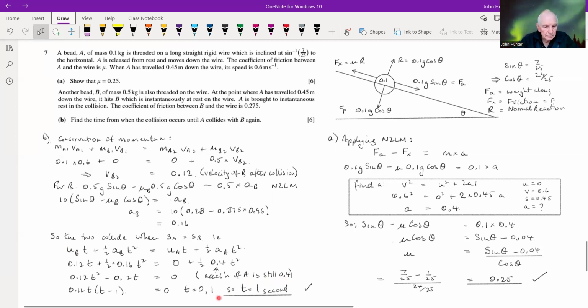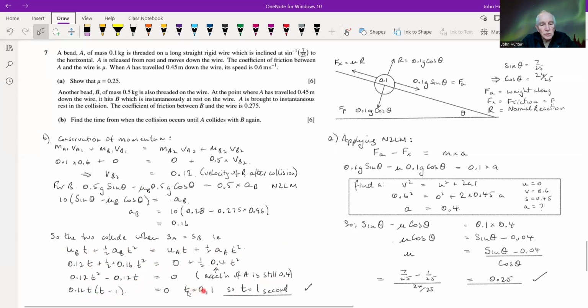Right, so we plug our values into here, and we're effectively just left with an equation in t. It's a quadratic, but it factorizes quite easily into 0.12t times (t minus 1).